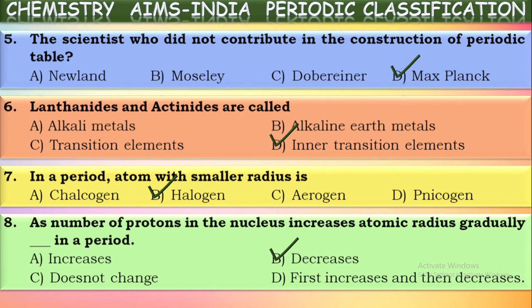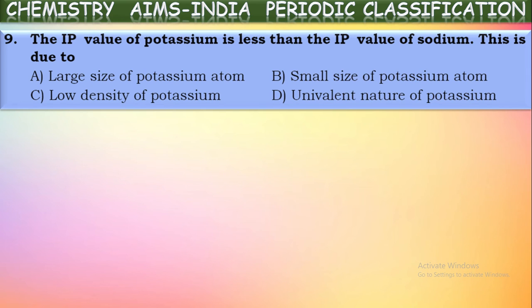Let's go to the next question. The IP value of potassium is less than the IP value of sodium. This is due to why? We know sodium and potassium are in the same group.